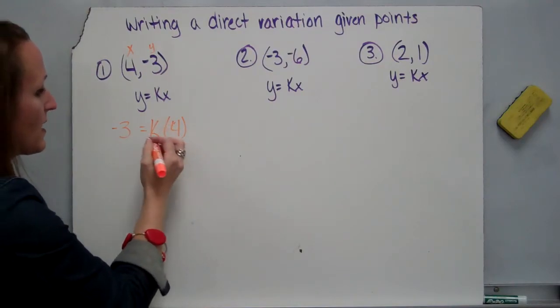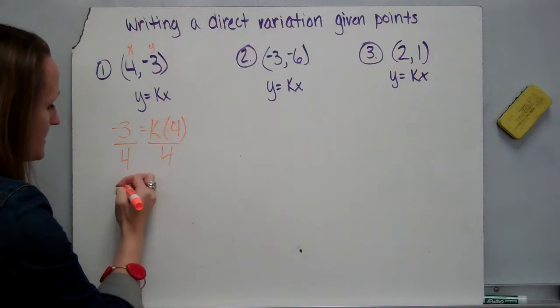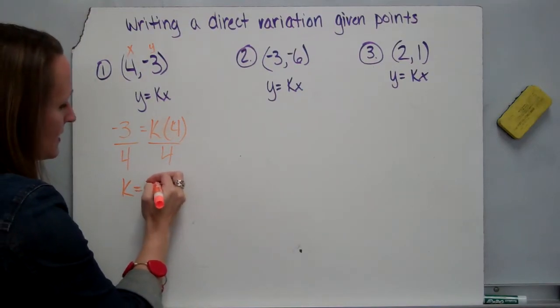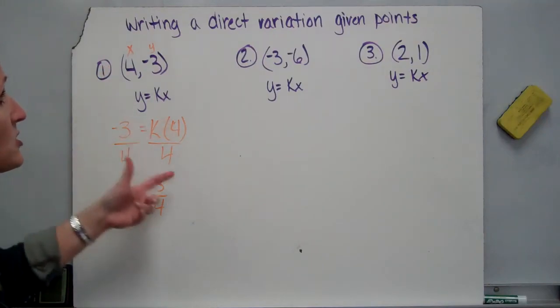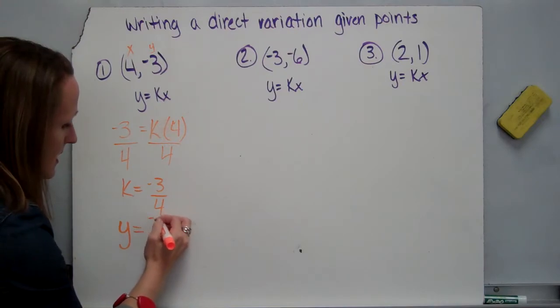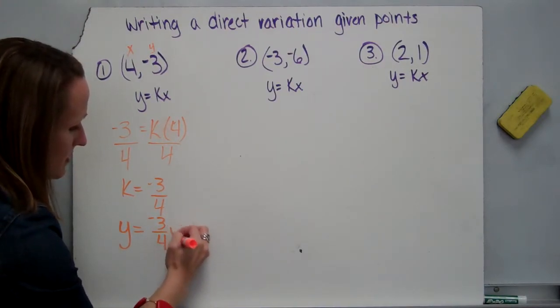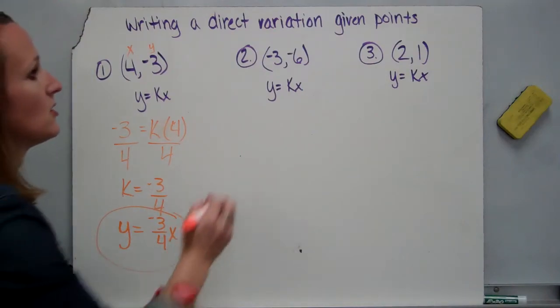So to solve for k, we're going to divide both sides by 4. So that means that k equals negative 3/4. Okay, so we found our k value. So now to write a direct variation, we would say that y equals negative 3/4 x. That's our direct variation. What about this one?